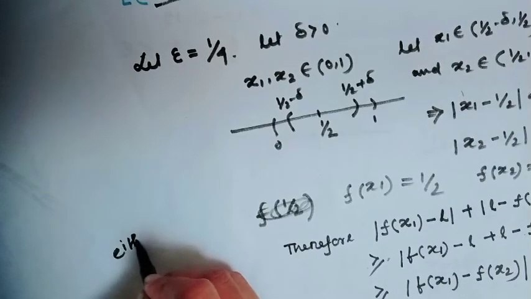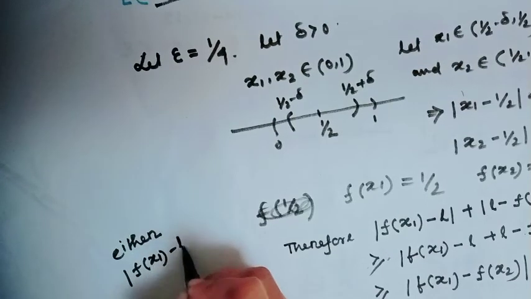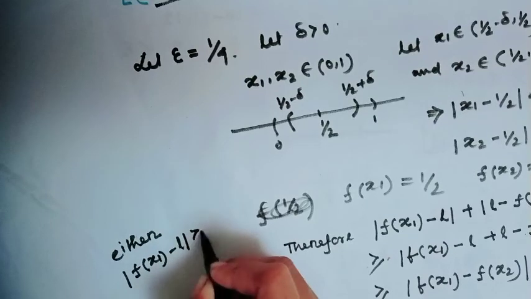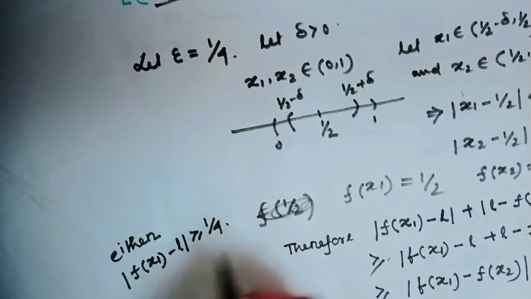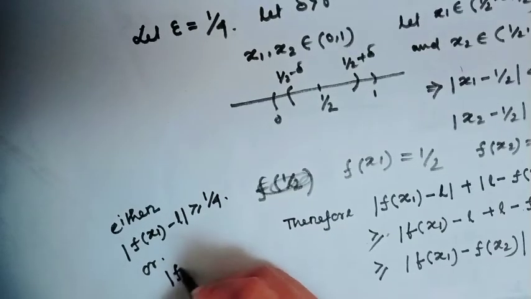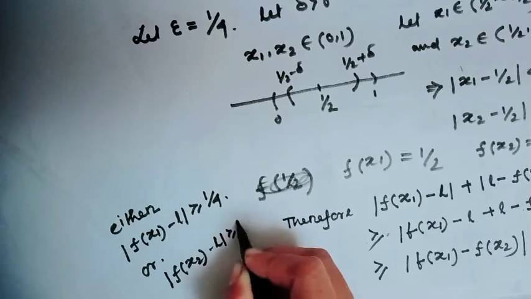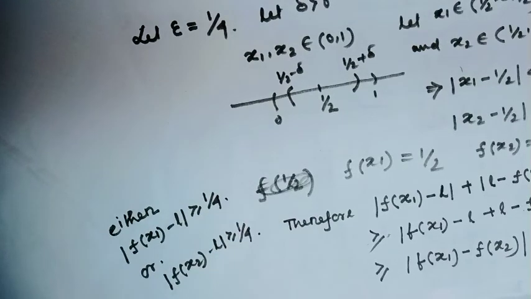either the absolute value of f of x1 minus L is greater than or equal to 1 over 4, or the absolute value of f of x2 minus L is greater than or equal to 1 over 4.